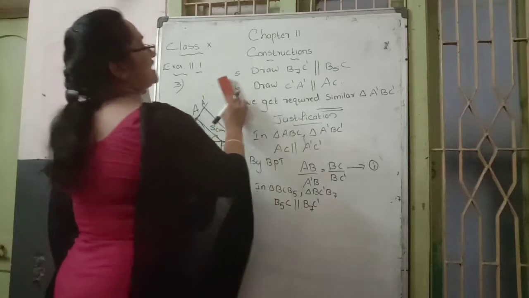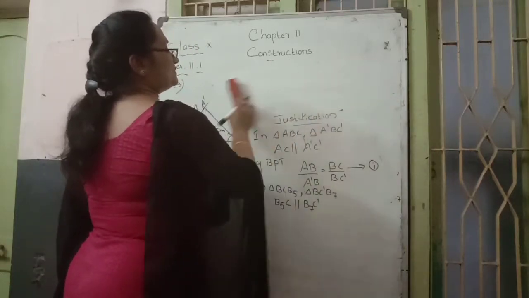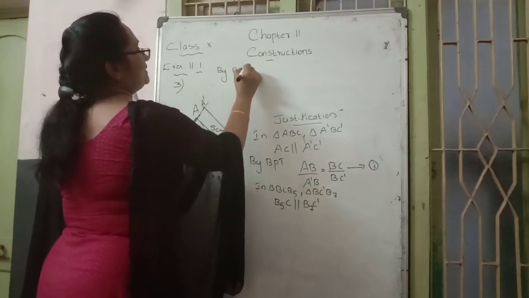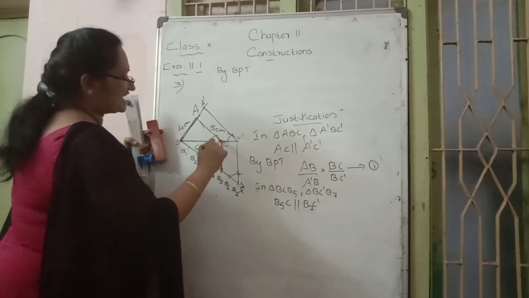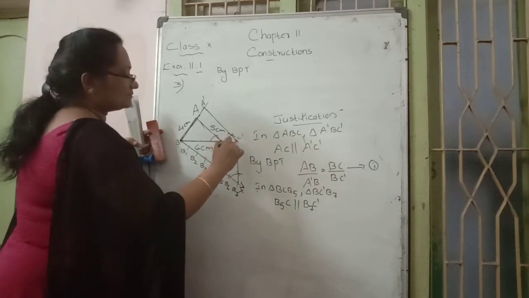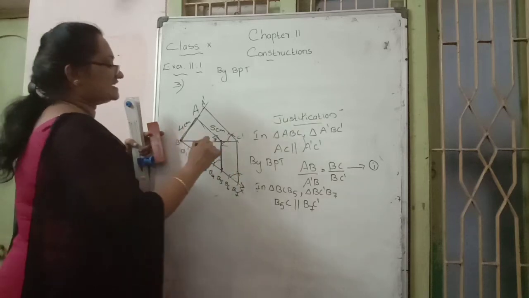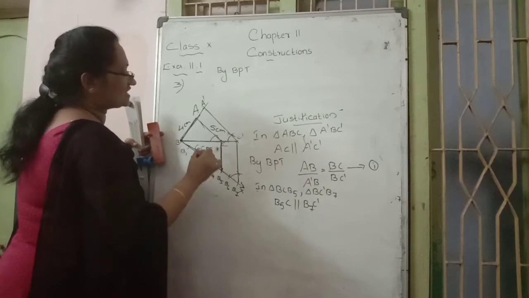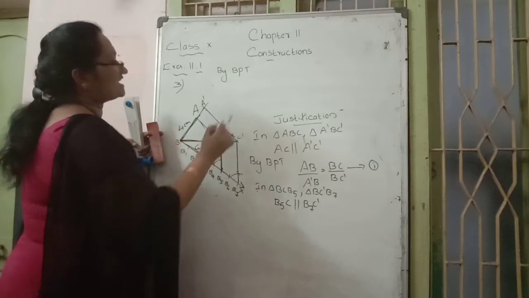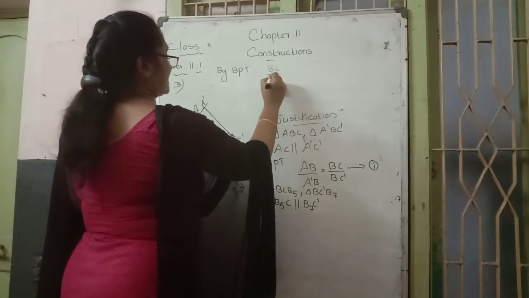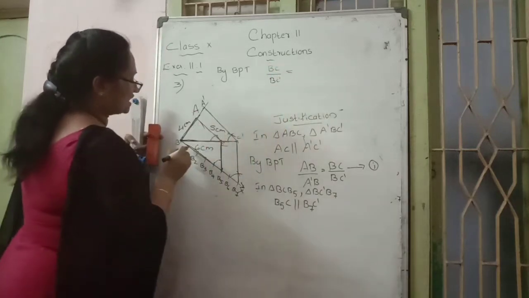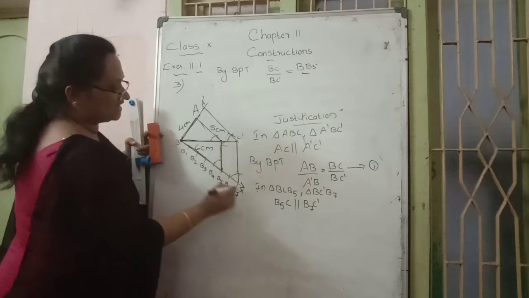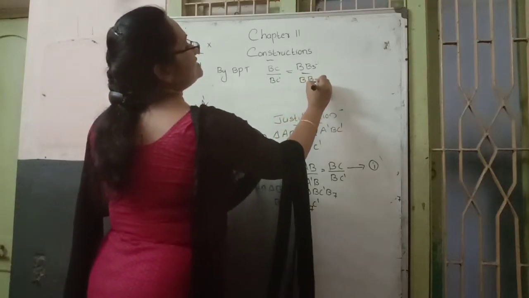Applying the BPT theorem, the two parallel lines B5C and B7C dash intersect the two sides of this triangle and make the same ratio. So ratio wise, BC by BC dash is equal to B5 by B7.